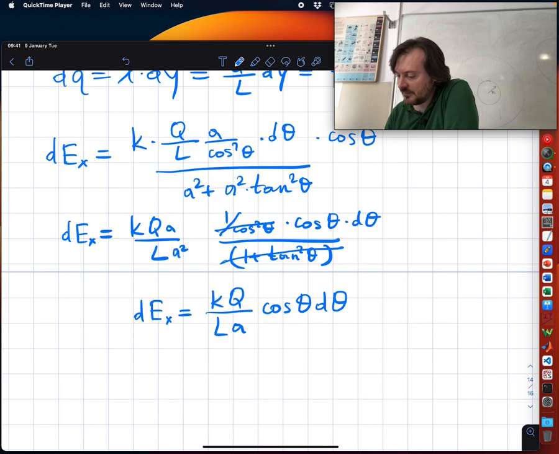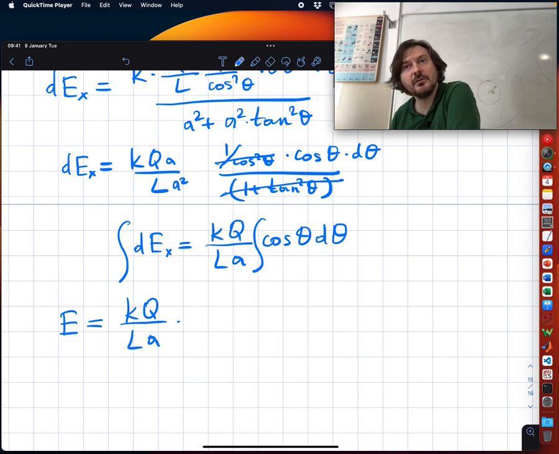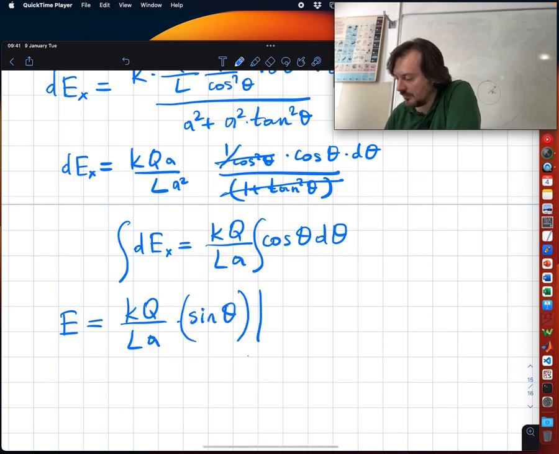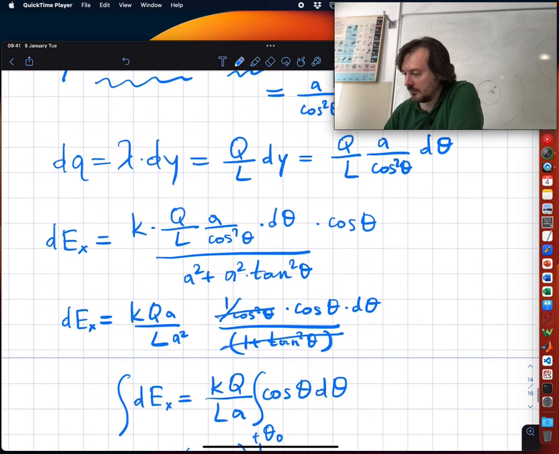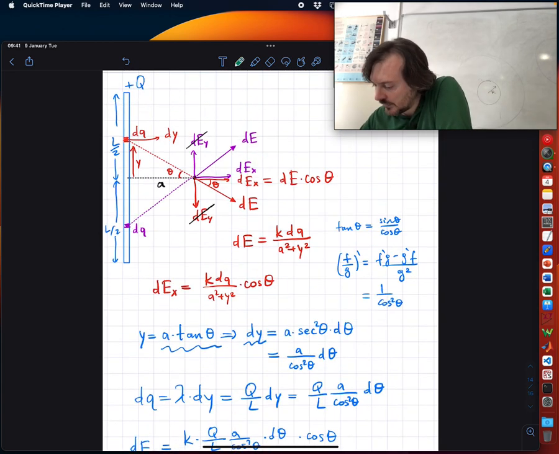So what is left is to take the integral, and you are going to get E is equal to kq over LA times, what is the integral of cosine? Sine theta, to be evaluated at, let's call it minus theta 0 and plus theta 0. By minus and plus theta 0, I mean these ones. This is the minus theta 0.